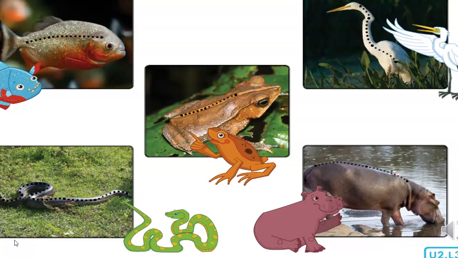Toads are vertebrates. All amphibians have backbones. That means that all 5 of the animals you've seen today are vertebrates. They all have backbones. The question I'm going to present to you students is, do all animals on Earth have backbones? What are your predictions, friends?